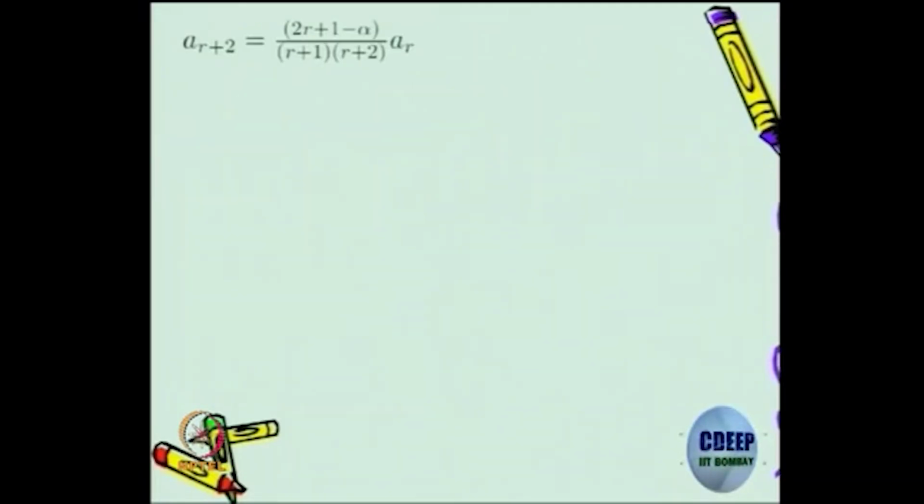So this is the data we get by taking h of rho as a polynomial series and plugging into the Schrodinger equation. We find that the coefficients are not independent. The coefficients of the respective powers, even powers or odd powers, are related to the lower coefficients with this factor which depends on alpha.